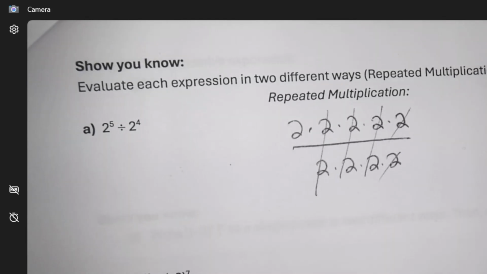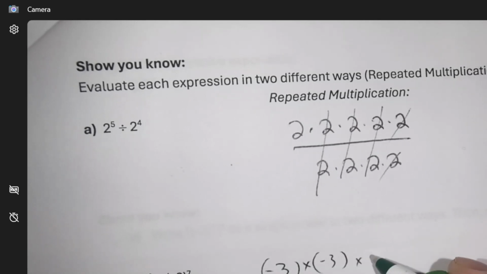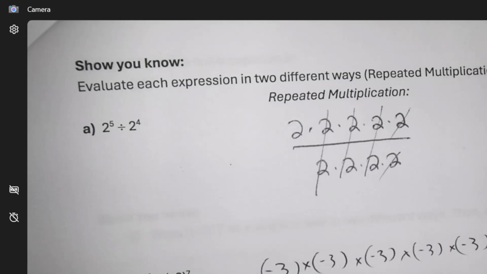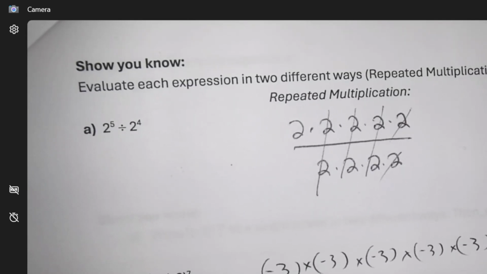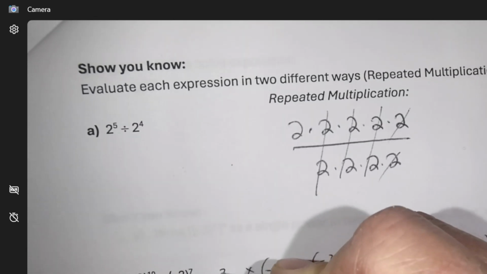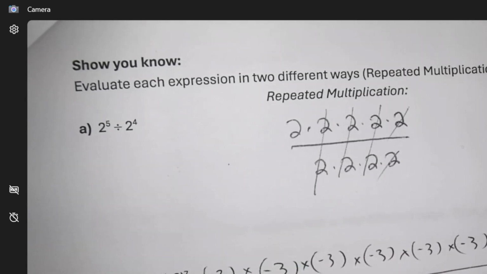Okay, this one might take a while to write. Let's see how fast we can go. 10 times. You gonna run out of space? 1, 2, 3, 4, 5, 6, 7, 8. Oh, and a big one on the bottom too.